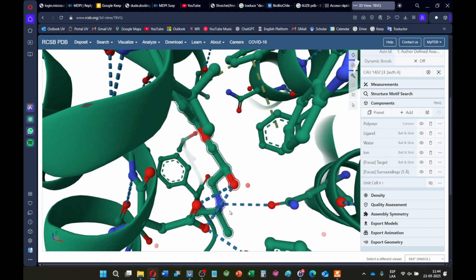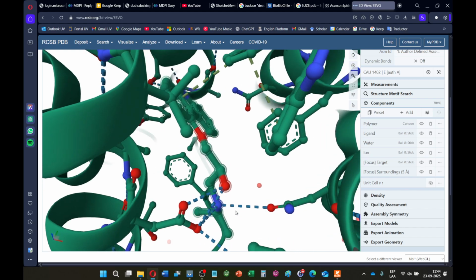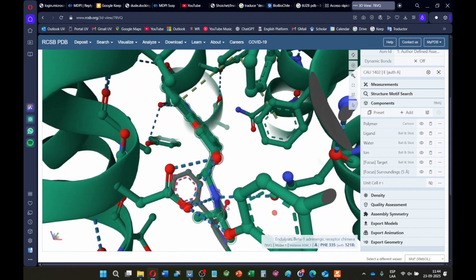What does that mean? The crystal does not show the protons on the nitrogen. There is a proton going here, and what is this other interaction between the nitrogen and the aspartate? Be careful, of course: the carboxylate is negative, and this has a proton toward here.